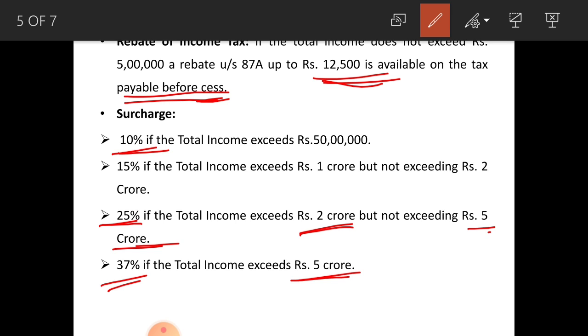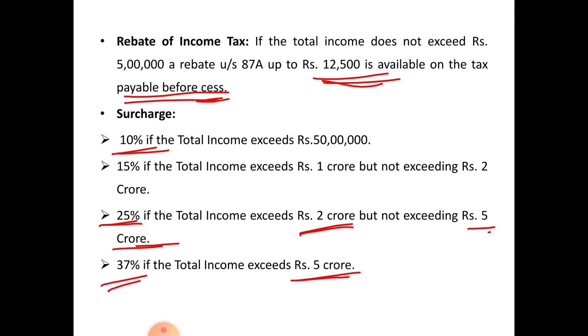In the previous year, there were only two categories, above 50 lakhs and above 1 crore. But in this year there are 4 categories. Remember this point also. Carefully note down these points.